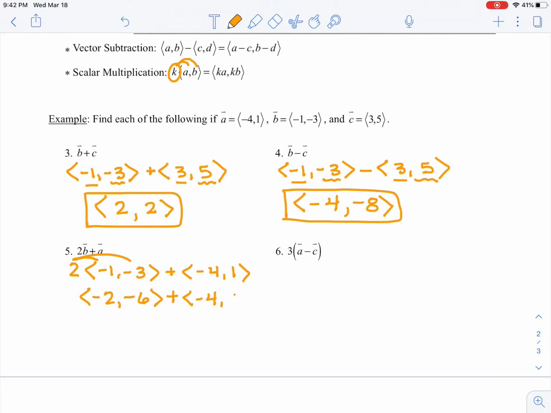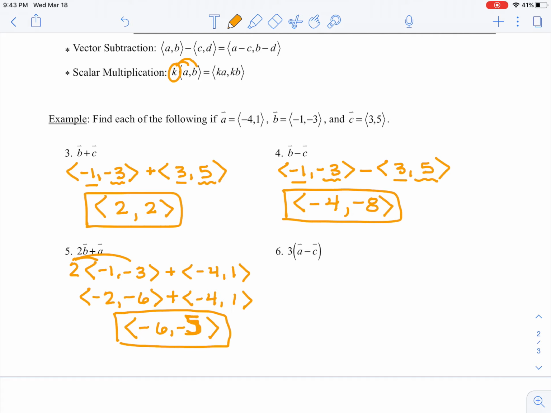That then gets added to -4, 1 to give us a final answer of -6, -7. Oops, that should be -6, -5. Sorry.